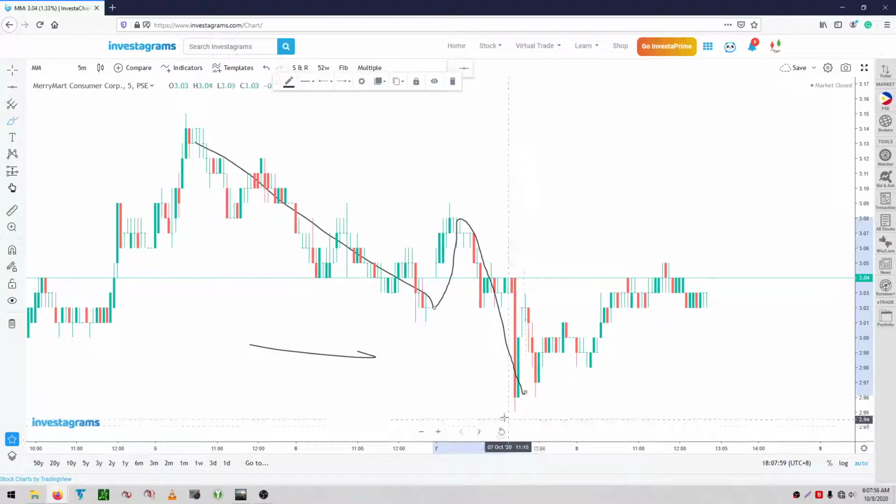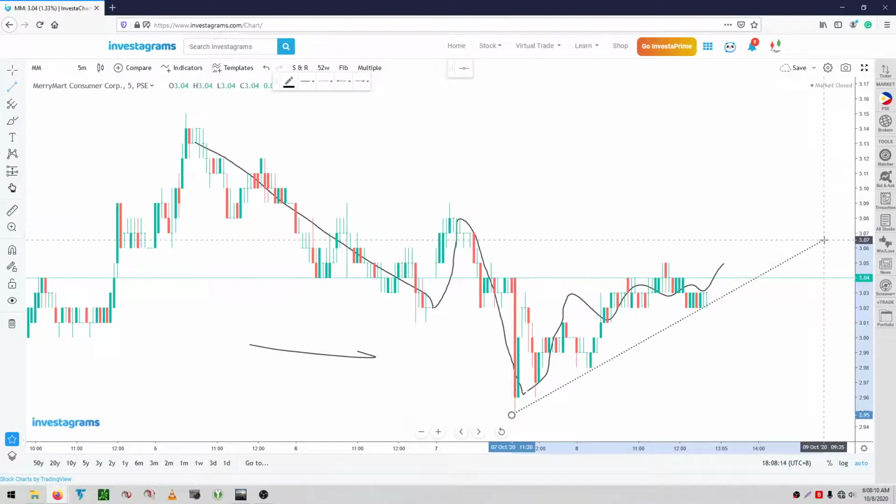Although today, since the last part of yesterday, buyers are in and trying to go up, right? So in that scenario, I hope that they would continue tomorrow to push these sellers slowly out, right? So that's about it for Merrimart.